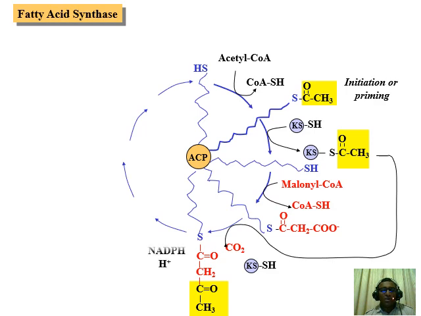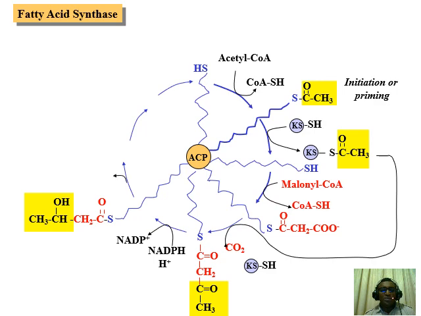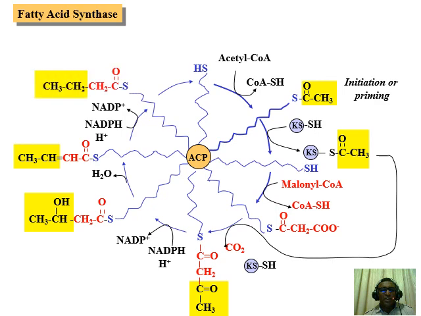This will be done by firstly a reduction using NADPH as shown there, and then a dehydration takes place to form a double bond, and lastly another reduction with NADPH will create the acyl group that has the shape and structure of a fatty acid, but it's only 4 carbon.